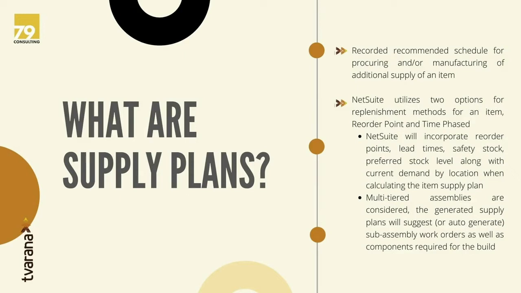When we use reorder point, NetSuite will incorporate all location-based reorder points, lead times, safety stock, preferred stock level, along with the current demand by location when calculating the item supply plan. Note also that multi-tiered assemblies are considered. The generated supply plans will suggest or may auto-generate sub-assembly work orders as well as components required for the builds.